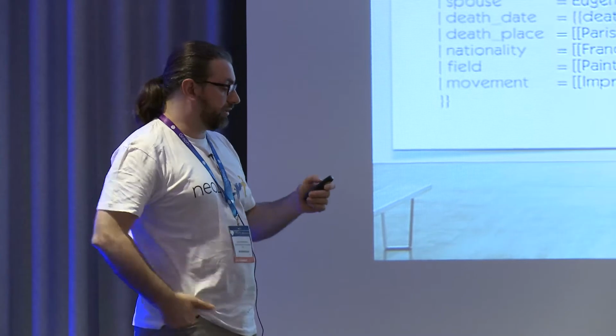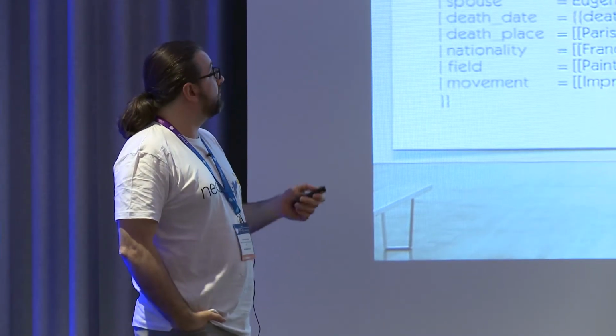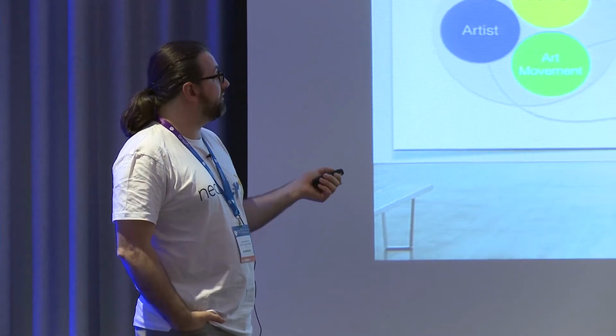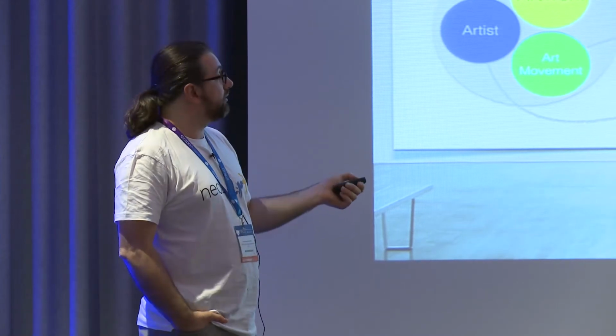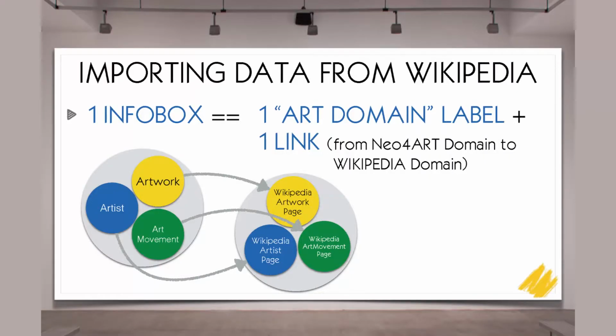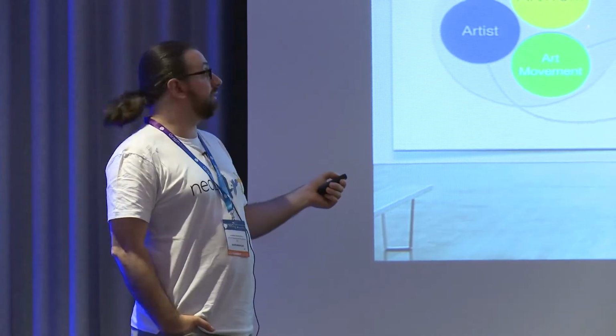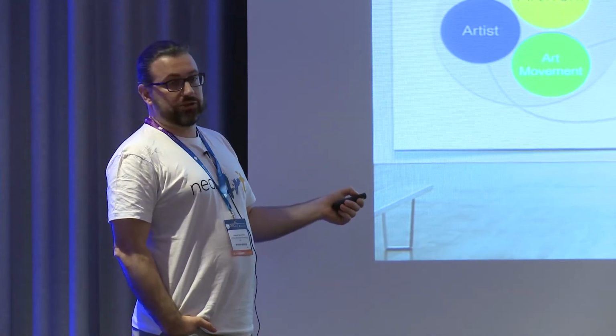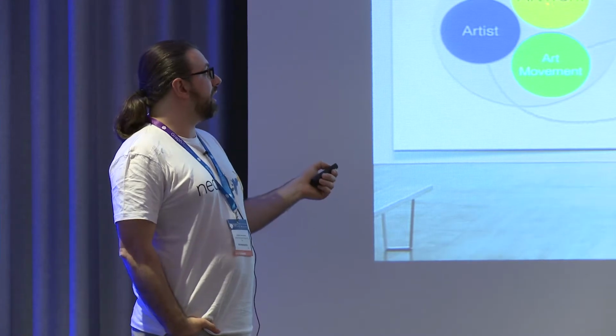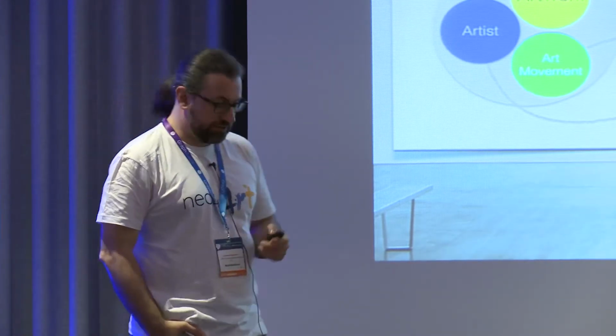So we parse the content of the info box to create domain-specific nodes. In our Neo4j domain, we create a connection between the artwork and the Wikipedia artwork page. So we know that there's a source that talks about artworks, artists, etc.